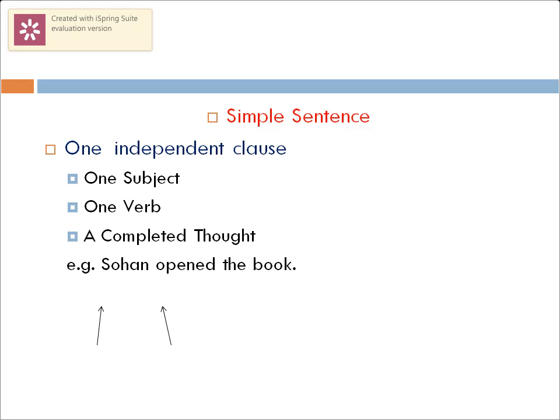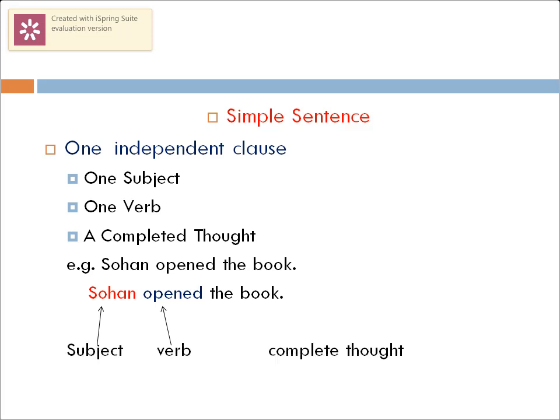Let's look at an example. Sohan opened the book. In this sentence, we have Sohan, the subject, opened, the verb, and as you read it, we find it has a completed thought. So Sohan opened the book is an example of a simple sentence.